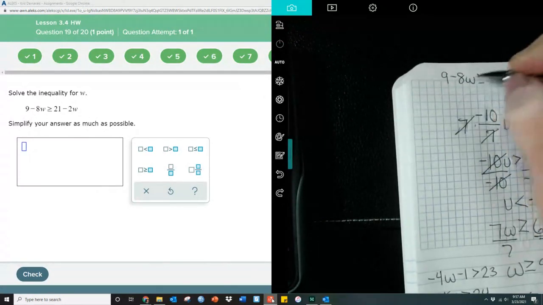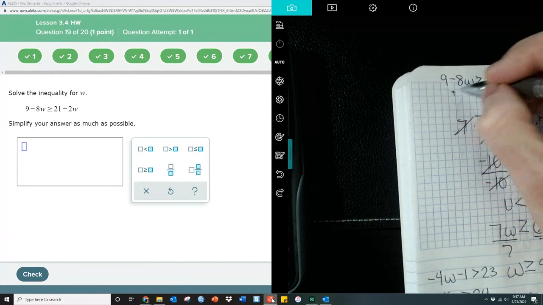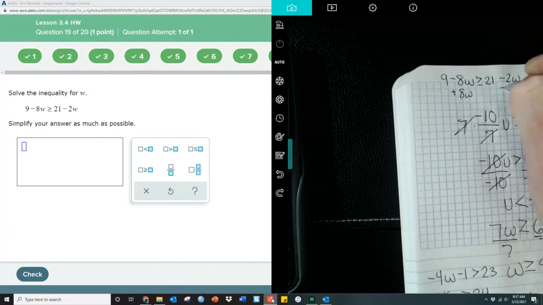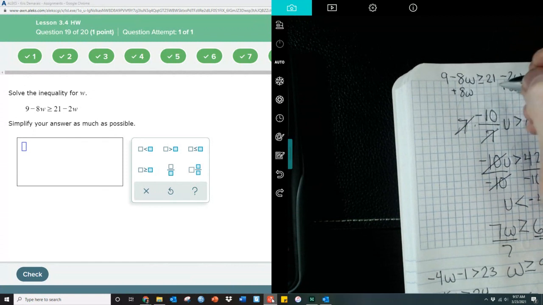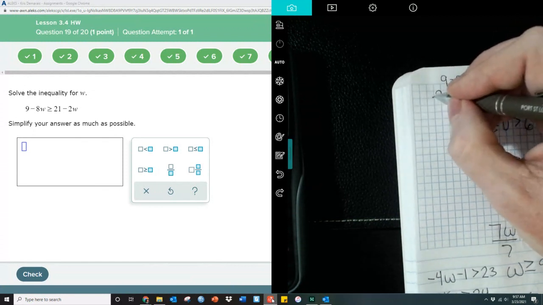So I'm going to bring this over to here. Well, I could actually bring this over to here. That's okay to do as well. If I go ahead and add 8w to both sides, that'll give me a positive 6w, right, when I bring those together. And then I'm going to subtract 21 from both sides.